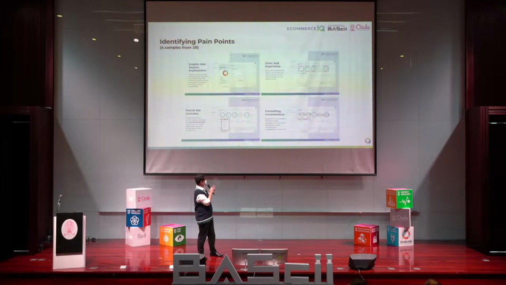Next is our pain point identification phase, where we basically went through the entire platform and looked at specific problems that came up pretty often, such as graphic aids lacking explanation, basic color misalignments, formatting inconsistency, and the lack of a search bar when it can really come in handy.